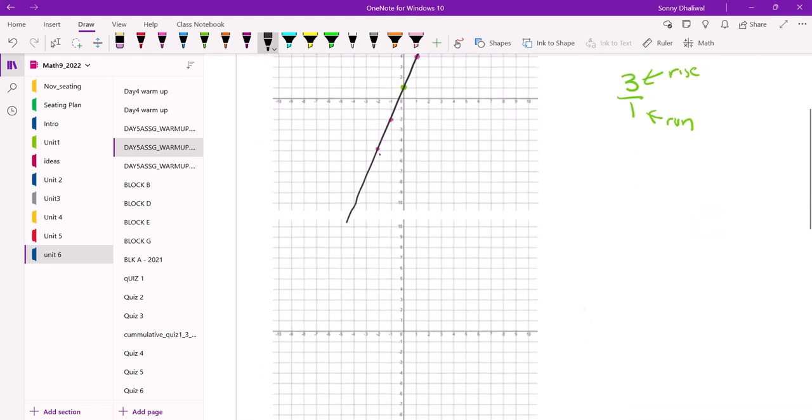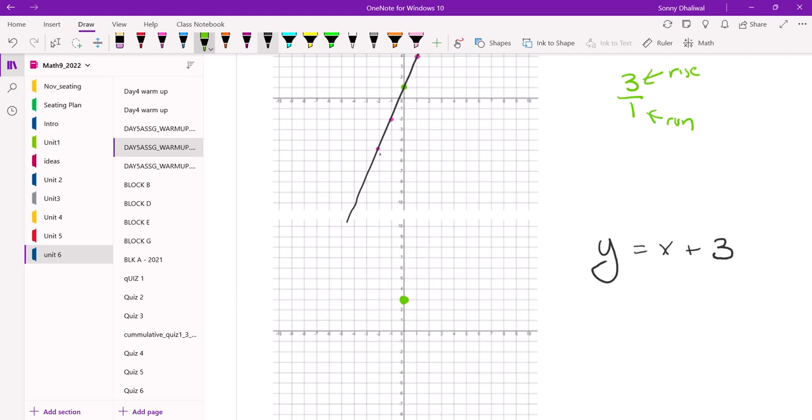Next up. y is equal to x plus 3. Okay? So where do we start? We start at 3, our y-intercept. What happens is people don't see that there's a number here.